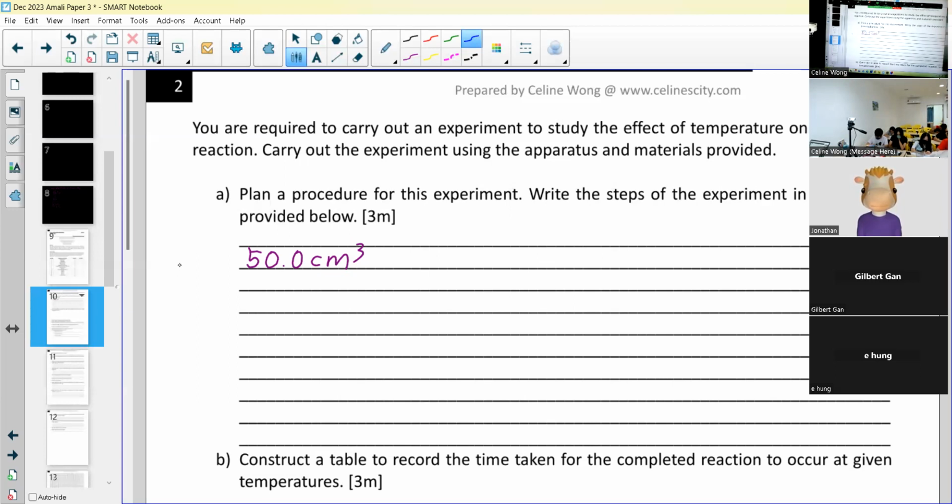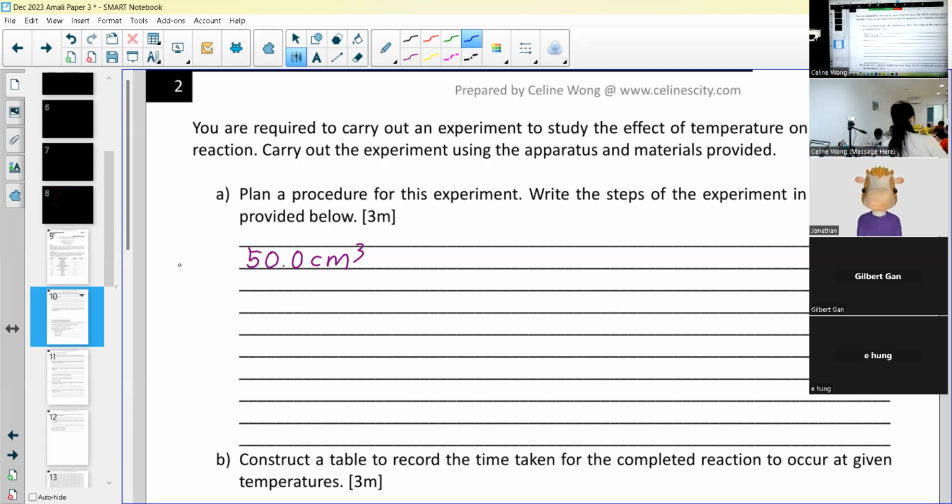Now number five, insert one magnesium ribbon into the heated hydrochloric acid and start the stopwatch immediately. Step number 6.